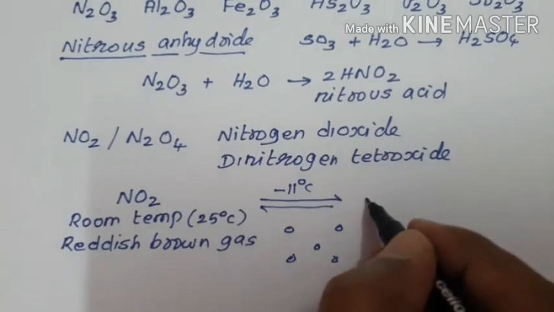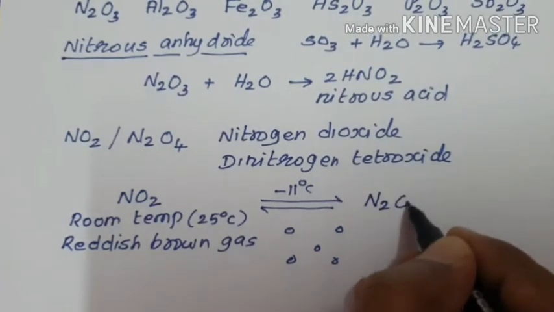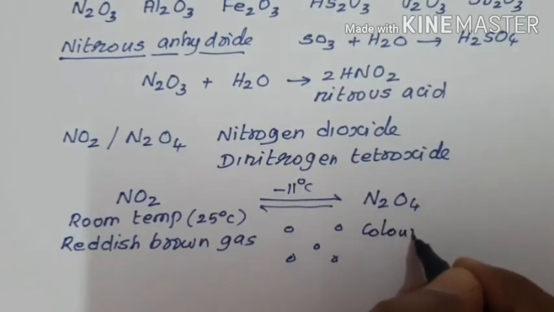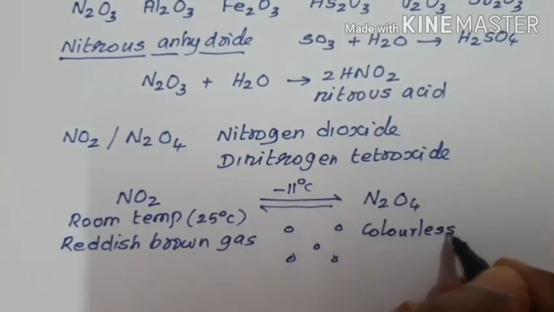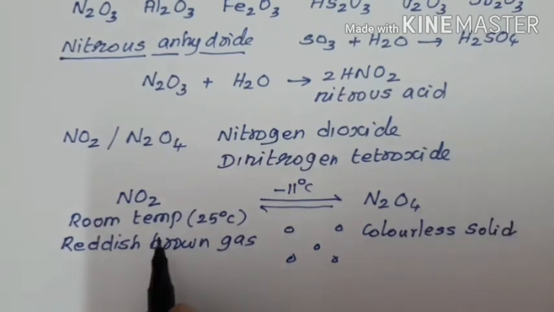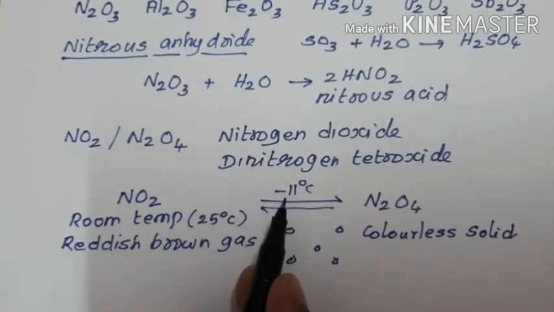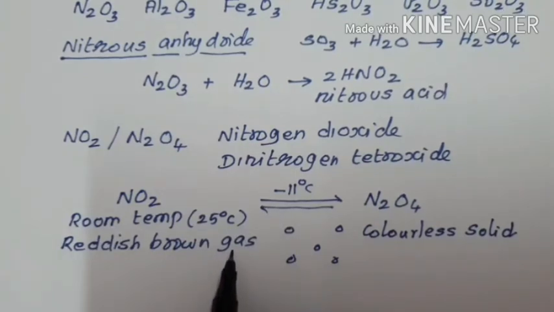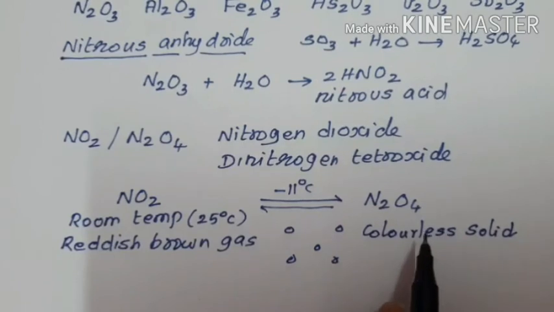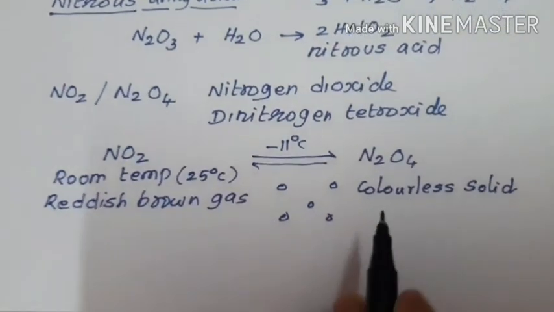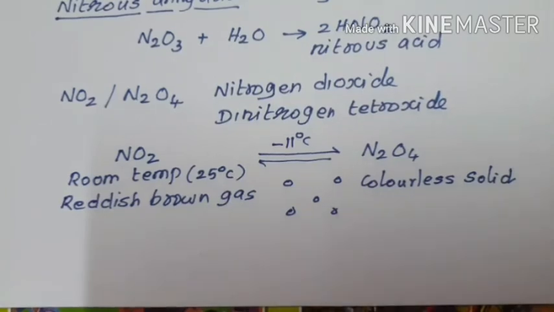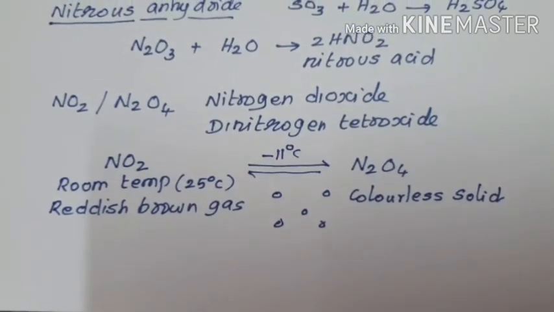That solid is N2O4, dinitrogen tetroxide, a colorless solid. N2O4 is a dimer of NO2.